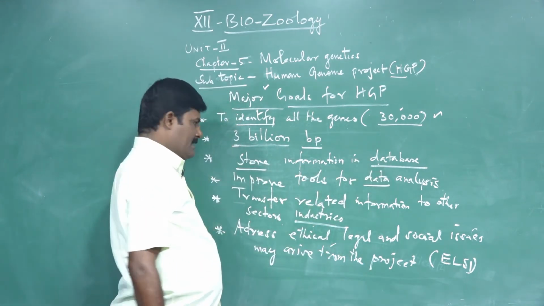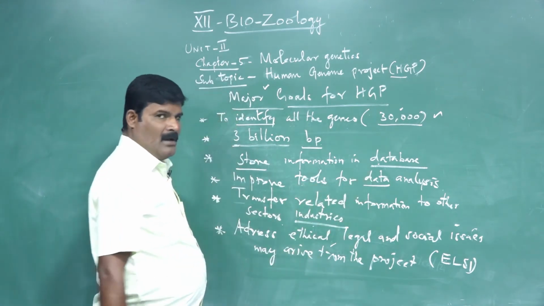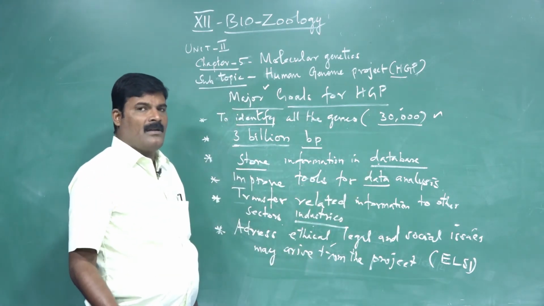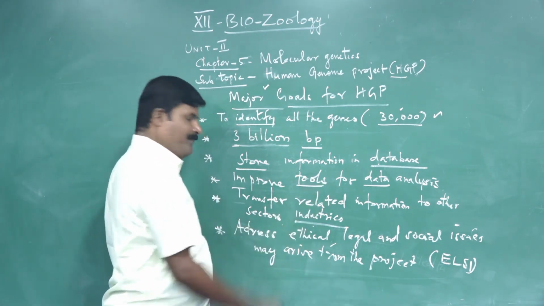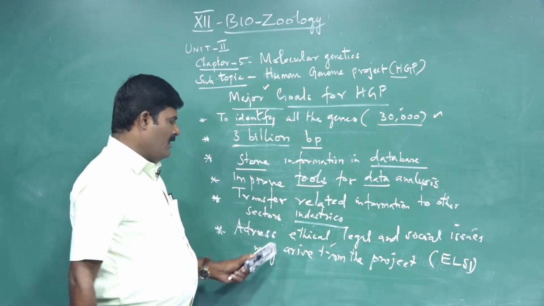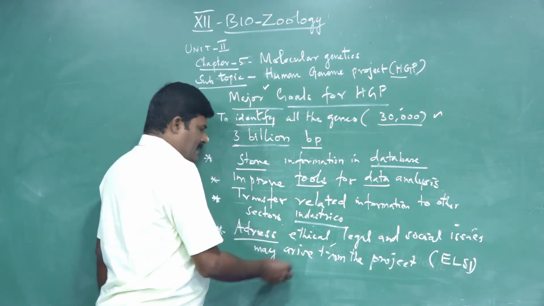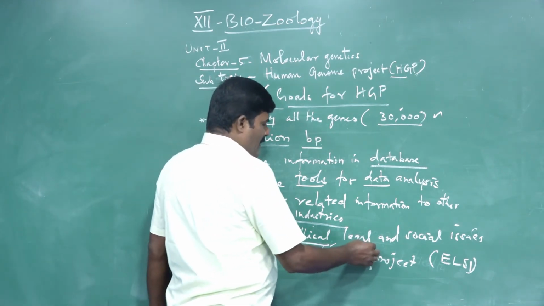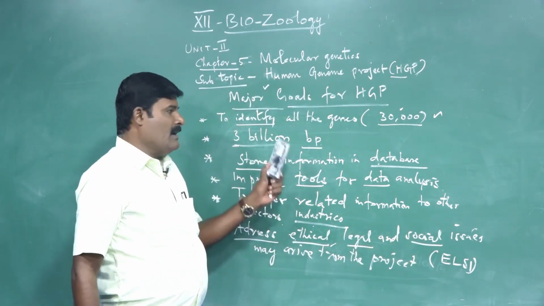Improve tools for data analysis. What are the requirements needed for the development of HGP? They are called tools. Next, transfer this information to the world level such as industries. Next, address the ethical, legal and social issues that may arise from this project.